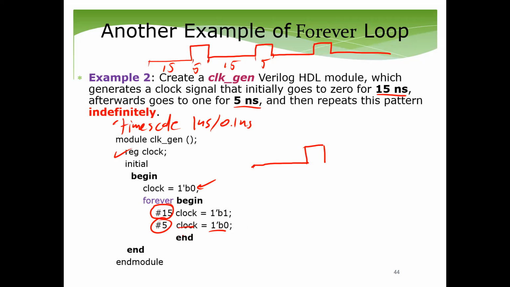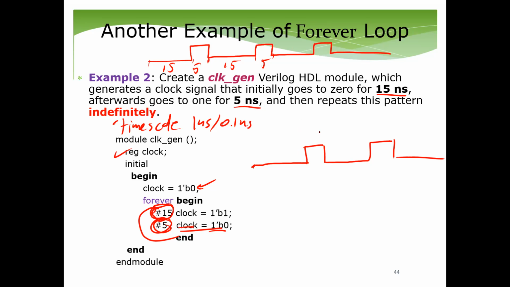Since you reached the end of the forever statement, that means you're going to come back. So when you come back, first you're going to delay by 15 time units, make clock equal to 1, delay by 5, clock equal to 0, and so on. Okay, and these values can change.